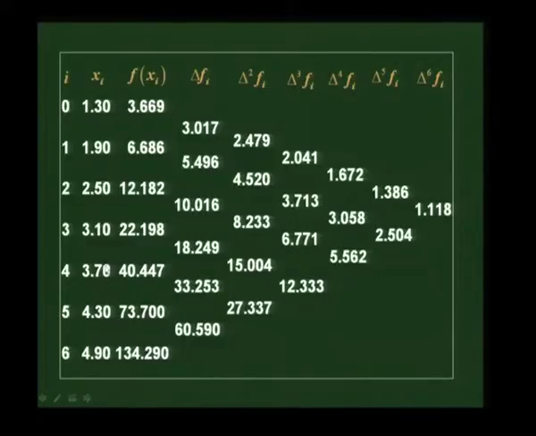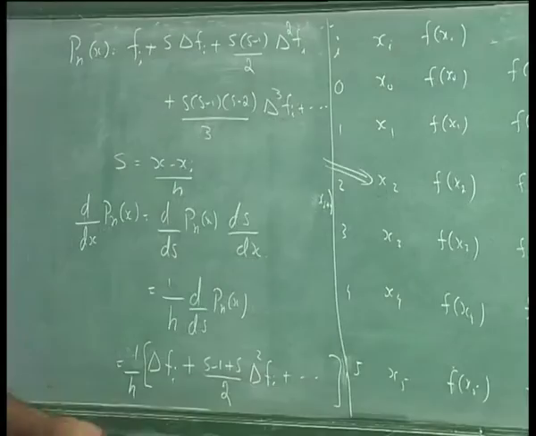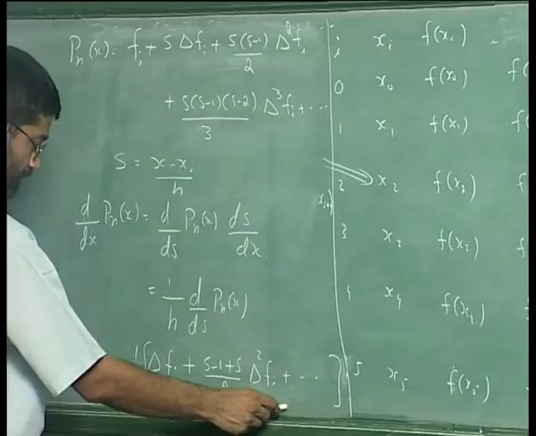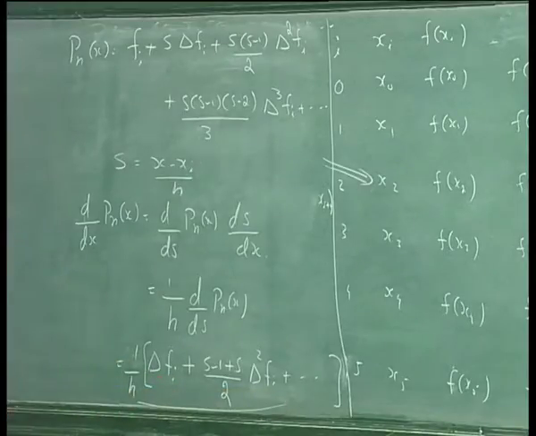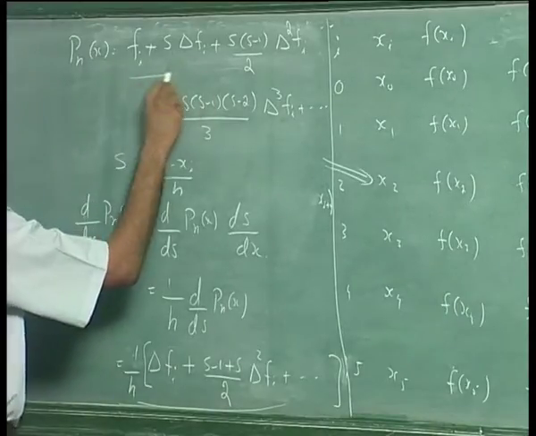So I will construct a linear polynomial between 4 and 5, so I have to enter at least at 4. The first thing I can do is construct a linear polynomial between 4 and 5. That is saying that I will have terms only up to this. In the derivative and in the polynomial, I will have terms up to the linear polynomial, which means I will have only these two terms.